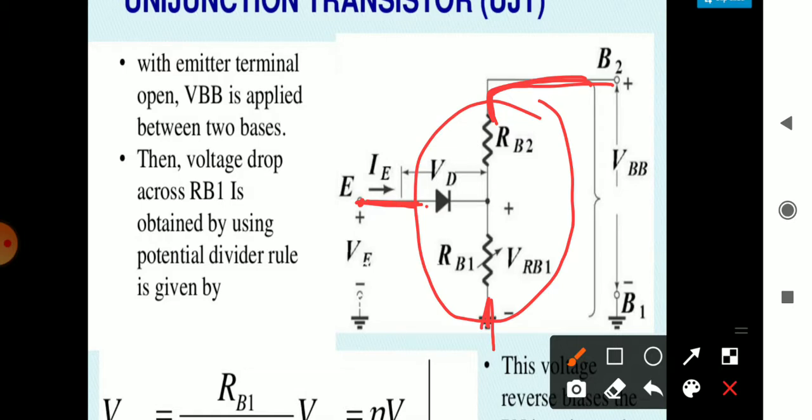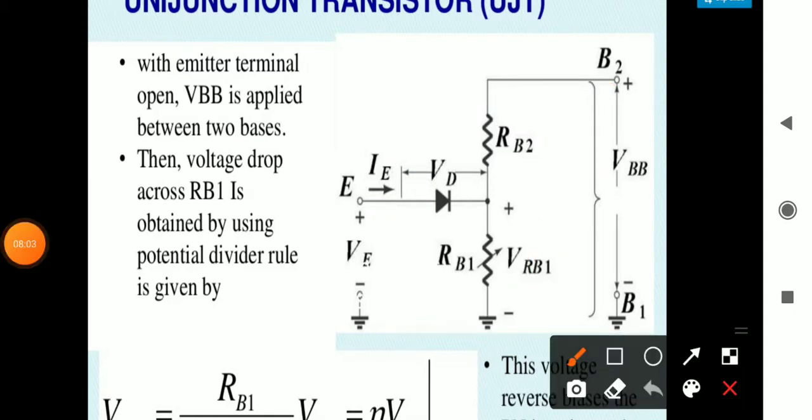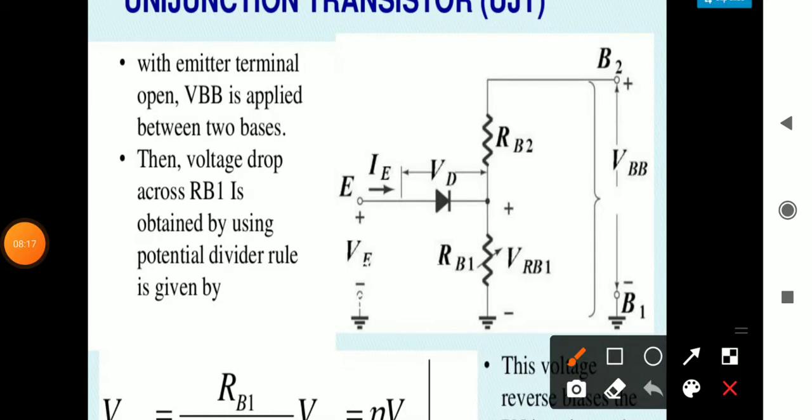With respect to this reference we calculate VBB, VE as well as VRB1. Here VRB1 is nothing but the voltage across RB1. There is an arrow mark over RB1, which indicates it is a variable resistance, and RB2 is a fixed resistance. So this is RB2 and RB1 and the diode which forms the UJT.